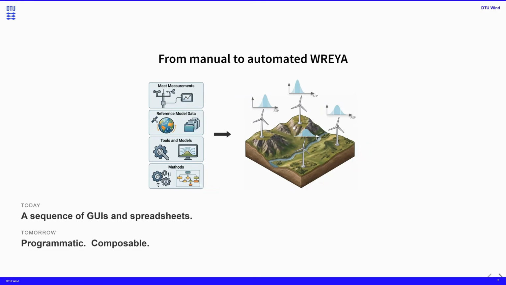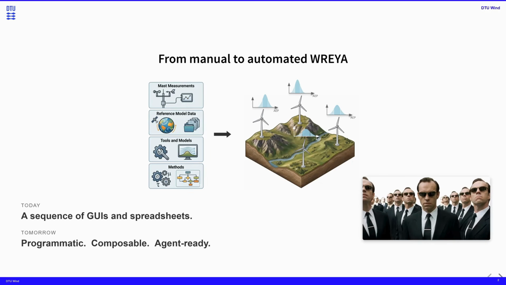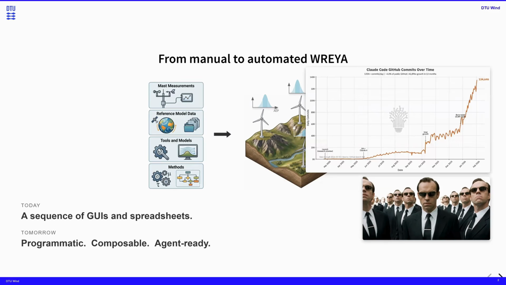And speaking of that, here's maybe the provocative last thing. It should maybe be agent ready. Maybe not exactly these kinds of agents, but it's hard to follow the news without seeing how AI coding and these agents are eating the software world and running more and more of the processes that humans used to do. Just for illustration, I have added this graph that shows the number of commits to GitHub that are made by Claude Code.